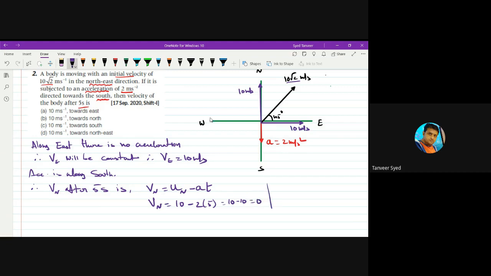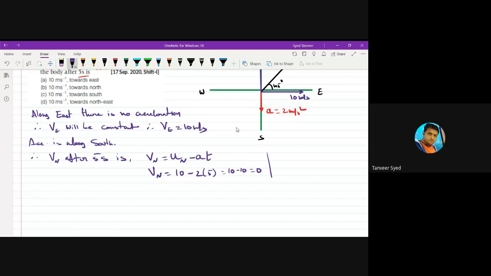Therefore, what does this mean? Velocity along north direction is becoming 0. Therefore, Vn equal to 0 at t is equal to 5. Right? That implies velocity of the body is equal to only velocity along east direction, which is equal to 10 meter per second.